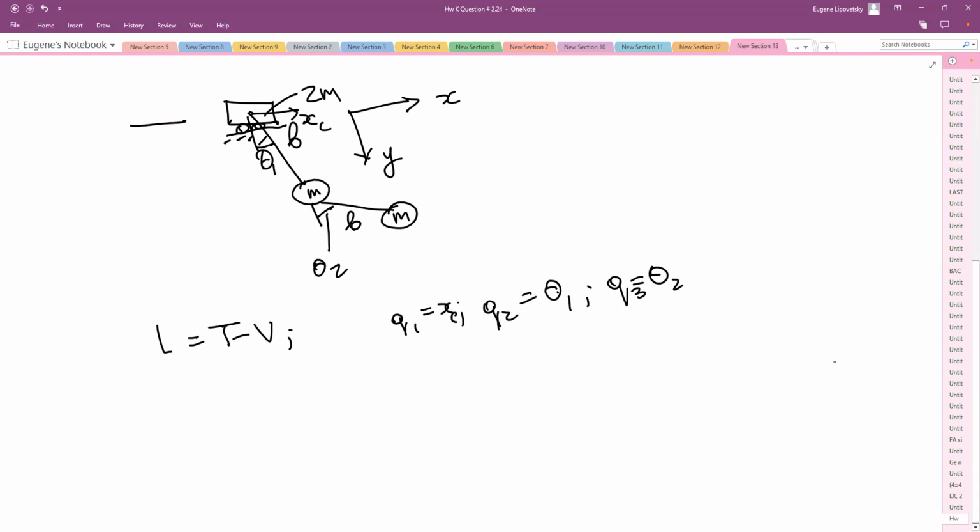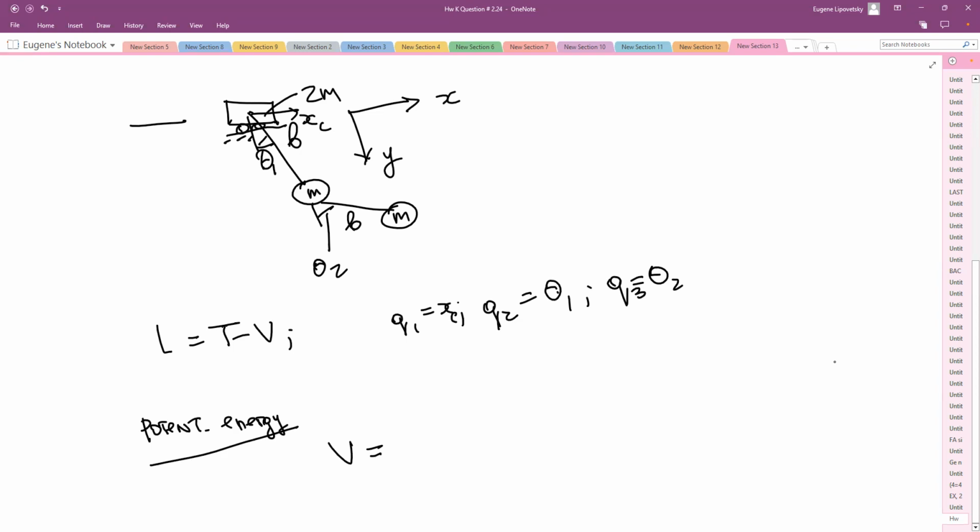So T is kinetic energy, right? So let's start with potential energy, V. V equals potential energy.